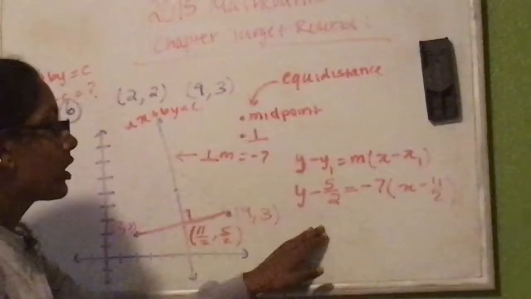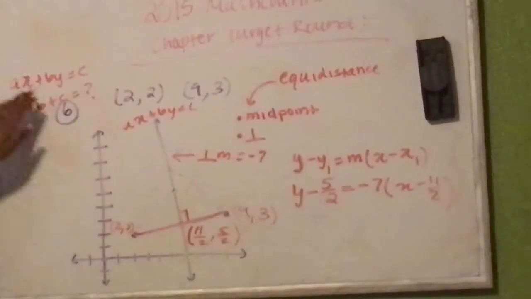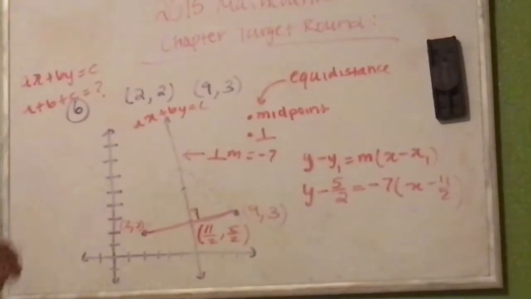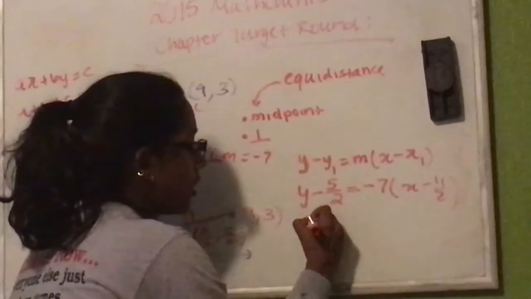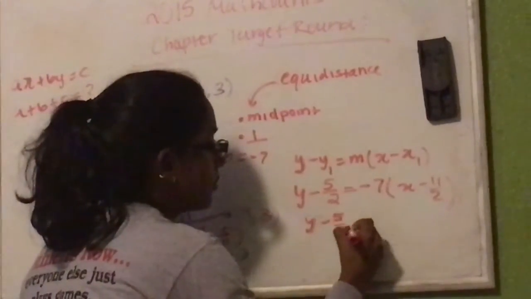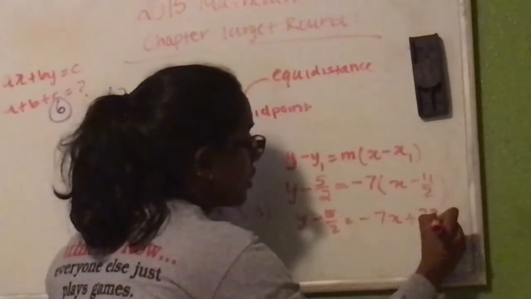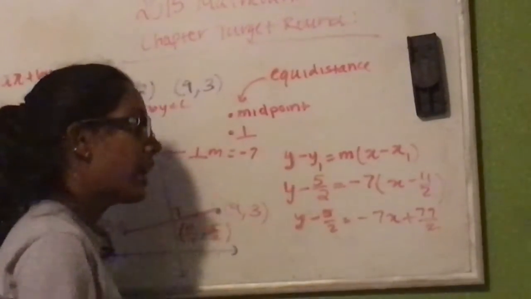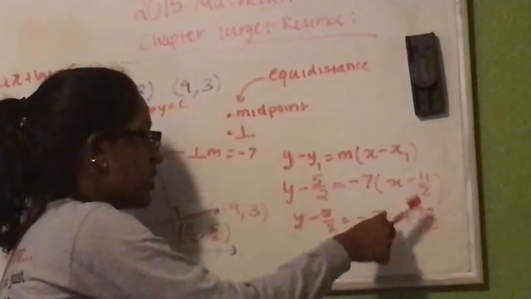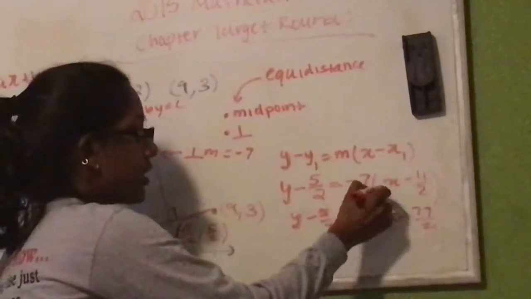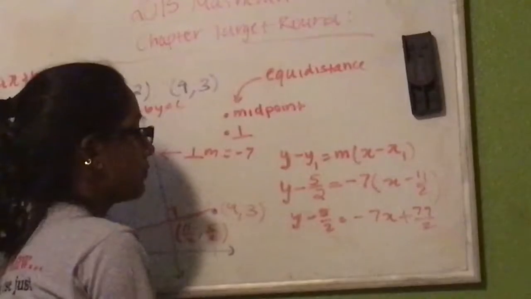So using this, we're going to solve and put it into the form ax plus by equals c. So we get y minus 5 over 2 equals negative 7x plus 77 over 2. Again, I just distributed the negative 7 throughout these parentheses, and this is what I've got.